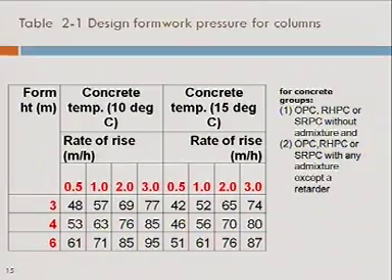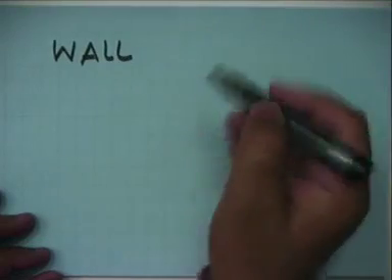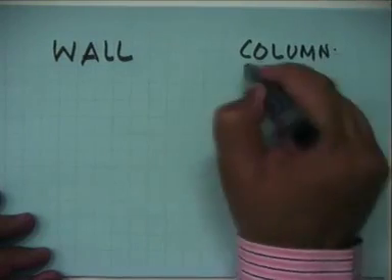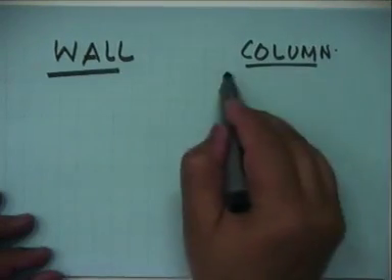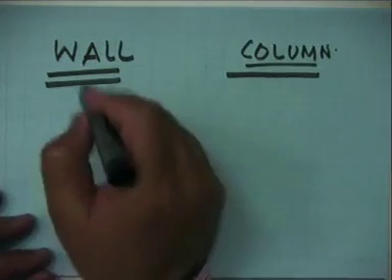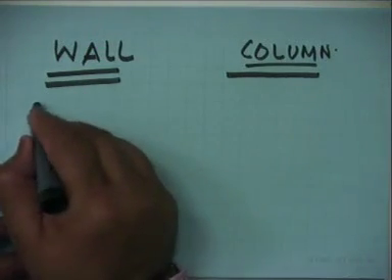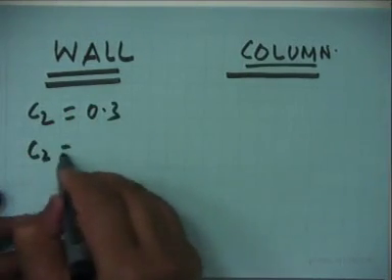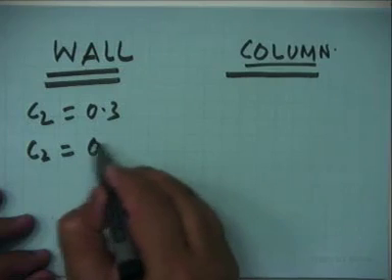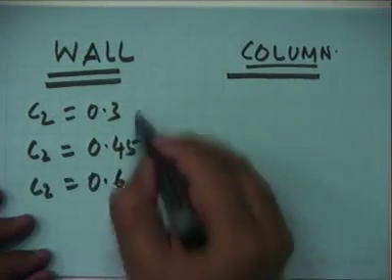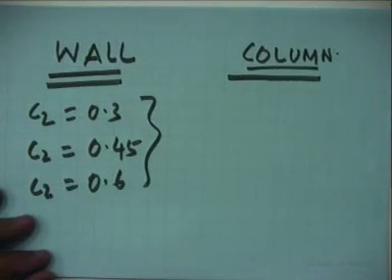For example, you are using these expressions primarily for wall and column. So, you have two sets of tables, one for wall, another for column. In wall and column both, corresponding to C2 equal to 0.3, C2 equal to 0.45 and C2 equal to 0.6, you will get expression.